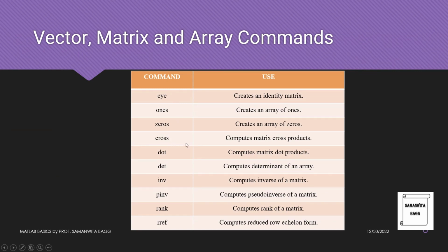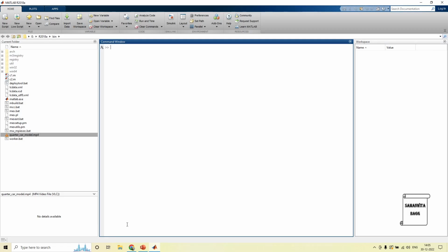Next you have cross, it computes matrix cross products. Dot is going to go for dot product. Det is going to find the determinant of an array. Suppose if I have an array A is equal to, and if I want to find its determinant, it's minus 38.